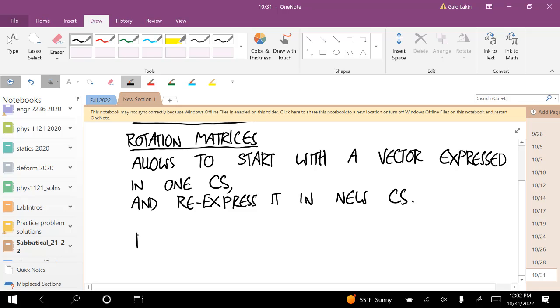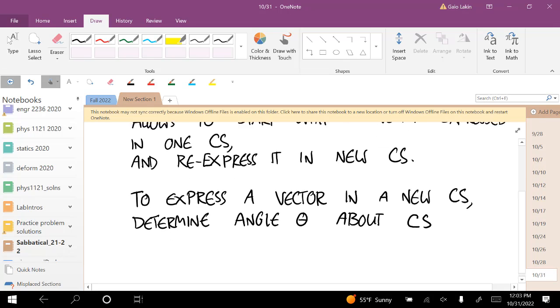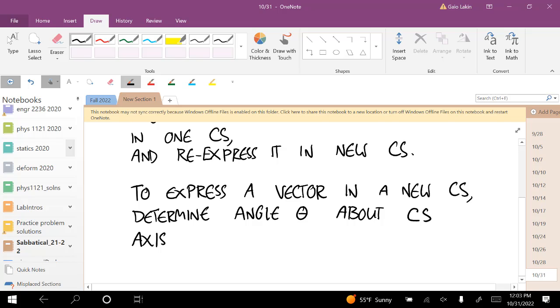And so here's how to do it. To express a vector in a new coordinate system, determine the angle, I'll call it theta, about the coordinate system axis, any coordinate system axis, any one of the three, and positive or negative is determined by the right-hand rule.